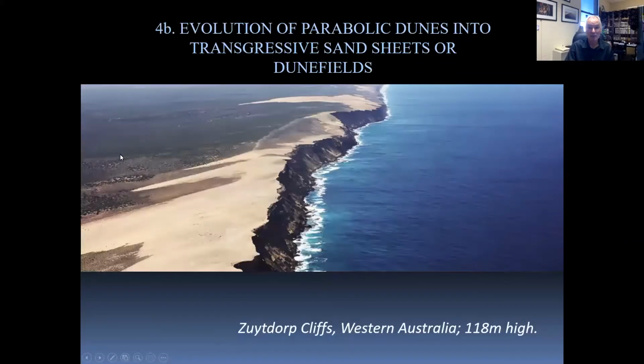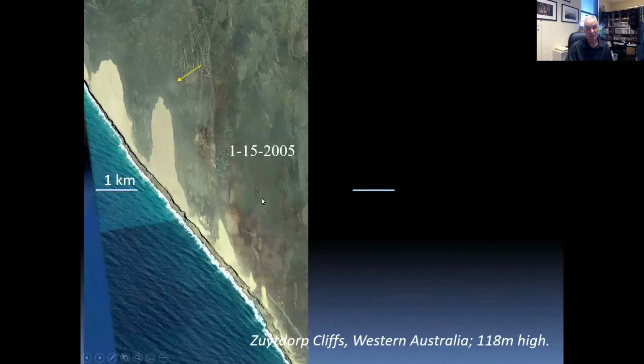Maybe. Certainly there is a little bit of evidence that parabolic dunes will end up as transgressive sand sheets or dunefields. So this example from the Zeitdorf Cliffs in Western Australia that are about 118, 120 meters high. And if we look at a Google image from 2005 here, keep your eye on this arrow here, which just indicates the same spot. You kind of have either a fat parabolic dune or a small transgressive dunefield, some other parabolics here.